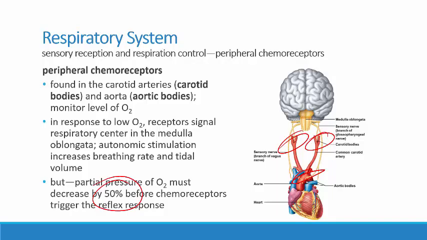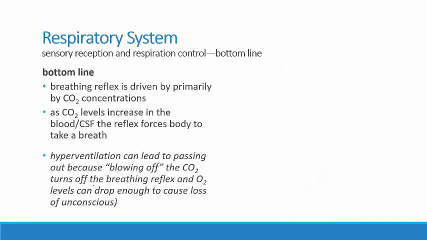So our primary means of controlling oxygen in the blood is all done through central chemoreception, which is all operating off of pH changes which are stimulated by carbon dioxide. It's only when things get really dire that oxygen chemoreceptors will stimulate more rapid or deeper breathing. So, bottom line, the breathing reflex is driven by carbon dioxide concentrations.